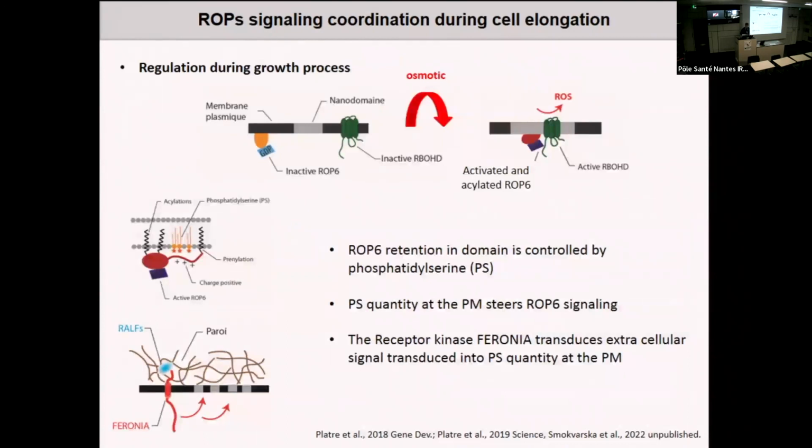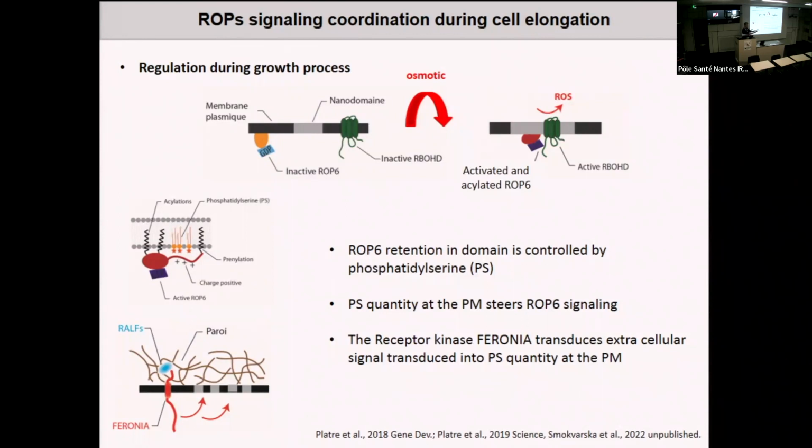Last bit of information. We also worked a bit on the role of the polybasic tail of the GTPase and its interaction with anionic lipids. What was found is that this charged part of the protein is interacting with phosphatidylserine. We also found that the quantity of this phosphatidylserine at the plasma membrane and its organization really steer the strength of the response of the GTPase.